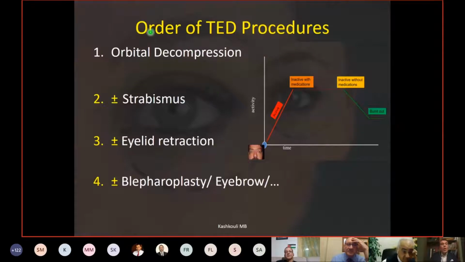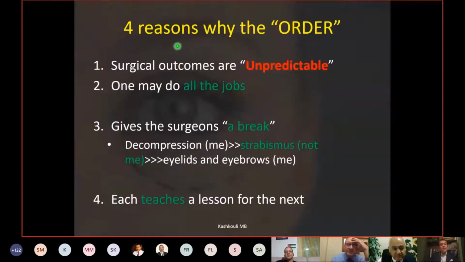But remember, why do we follow the order? Because of 4 reasons. One, we know thyroid procedures are unpredictable. You don't know where you will get the result, how much the result will be after each procedure. Sometimes one procedure like orbital decompression is correcting everything, and we don't need to proceed with others. And sometimes, or most of the time, on top of every other reason, I need a break.